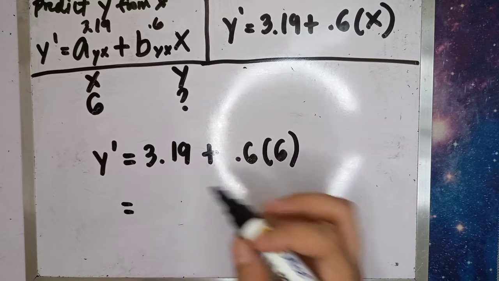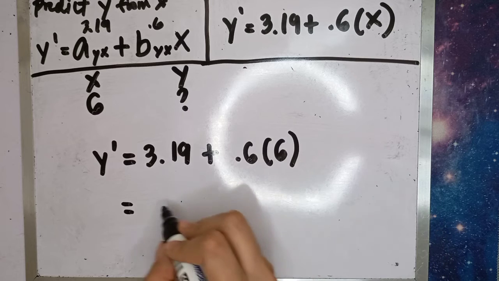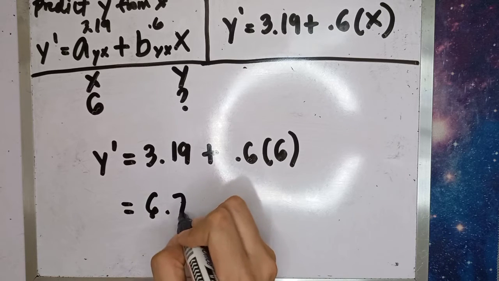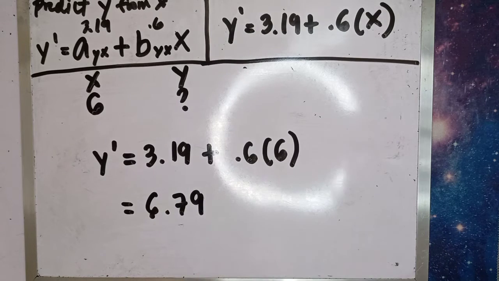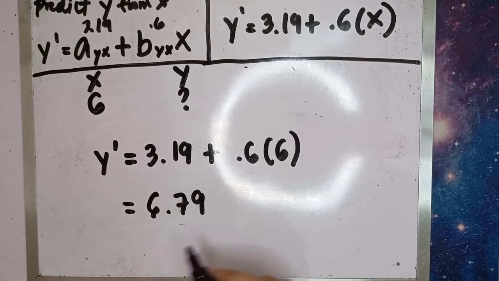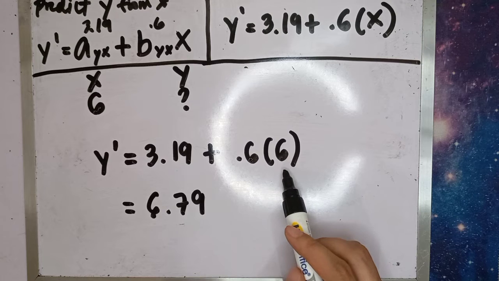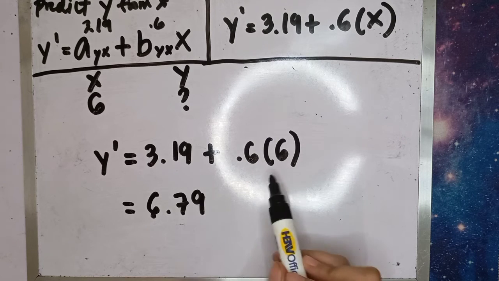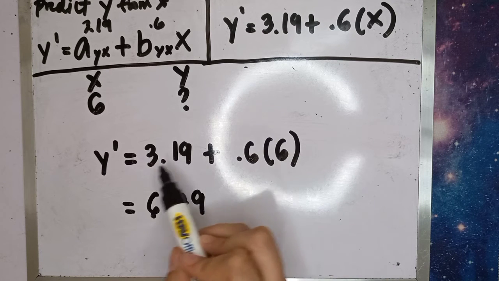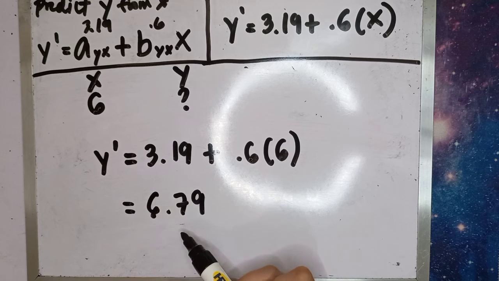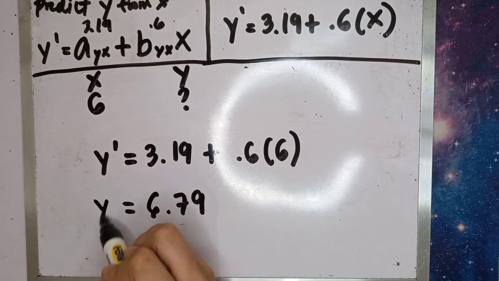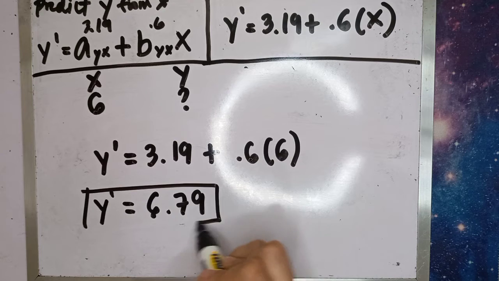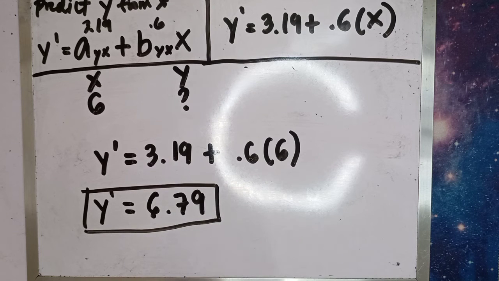Pag kinompute natin, ang makukuha nating result ay 6.79. Gagawin nyo muna, multiply nyo muna, makuha nyo dito ay 3.6. I-add nyo sa 3.19, lalabas 6.79. Yan ang score ng Y given the value ng X.